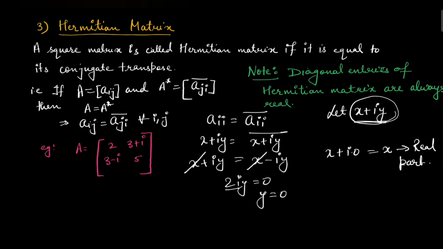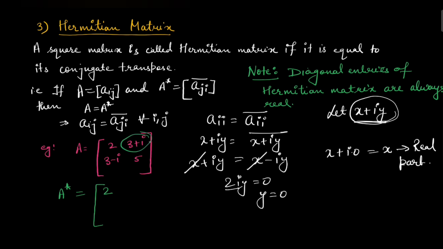Fine. Suppose this is your given example, and we have to prove whether this is a Hermitian matrix or not. Let us find the conjugate transpose of this matrix. I will apply conjugate and transpose at the same time. What is the conjugate of 2? It is 2 only. And what is the conjugate of 3 plus iota?